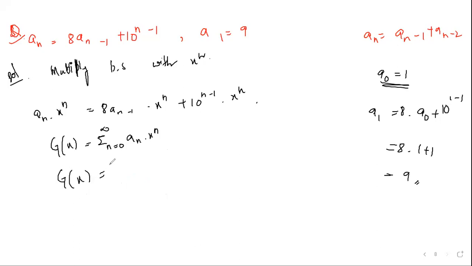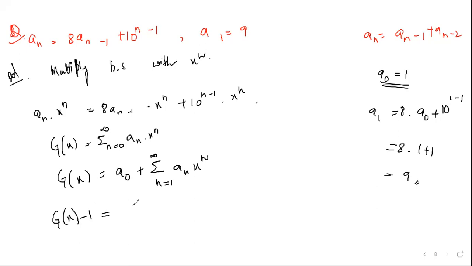G(x) is equal to a_0 plus a_1 x plus a_2 x^2 and so on. But over here, since n is from 0 to infinity, I have taken a_0 already. So now I can write the summation from n equal to 1 to infinity of a_n x^n. What is the value of a_0 that we took? We took a_0 as 1. So G(x), I am shifting it to the other side.